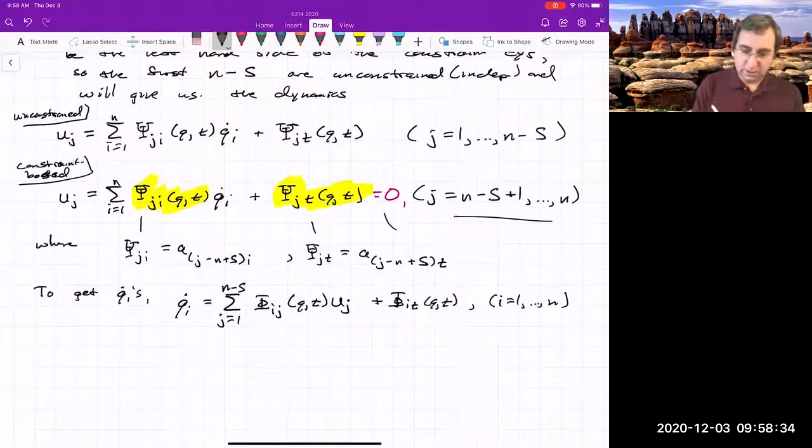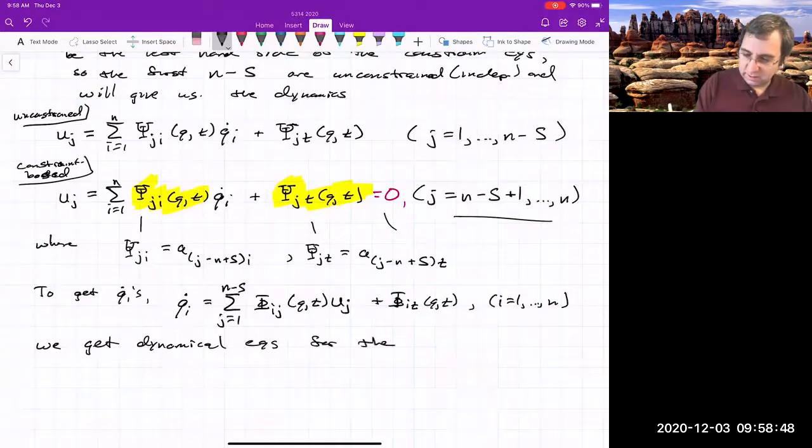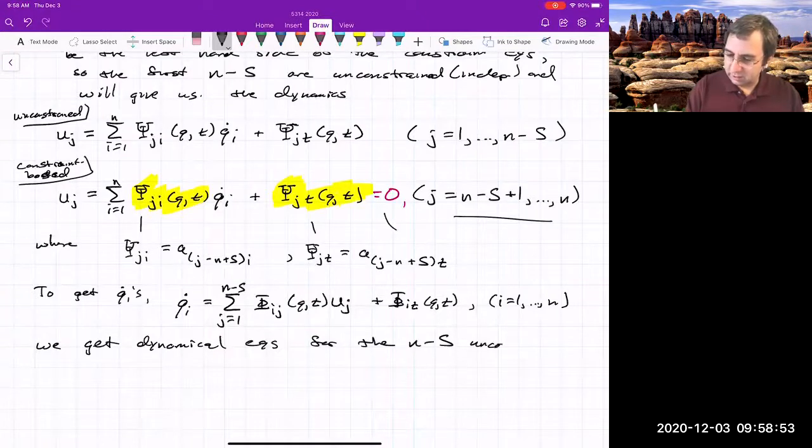So we will get dynamical equations for the n minus s unconstrained u's. So what's the savings?